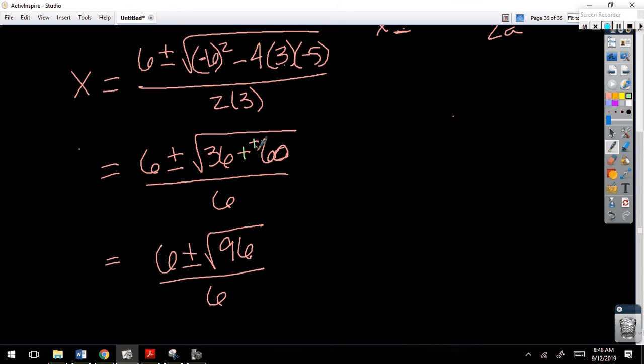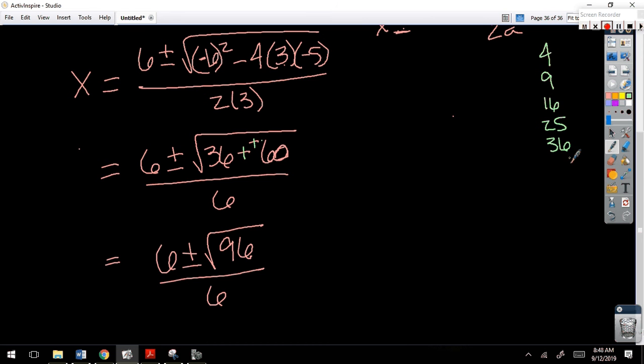Now, here's what you have to do and pay special attention to this. That radical, you need to simplify it. Remember when we took a day doing that? How do you simplify a radical like that? You break it up. You look for a perfect square. Remember, we even had that list of perfect squares written out. 4, 9, 16, 25.